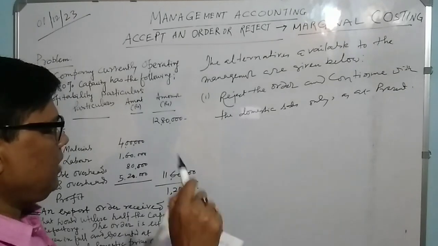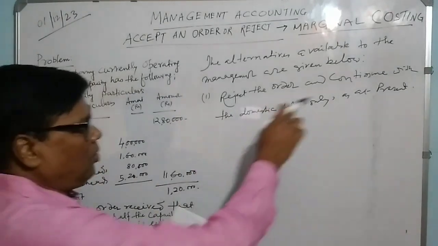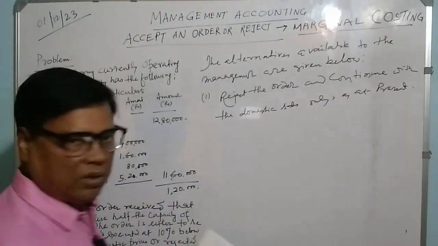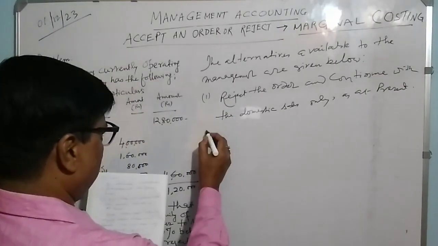So for that nothing is new. You can reject the order, and you should be happy with continuing with your domestic order. So there is no problem for that 80% capacity whatever you have been doing.